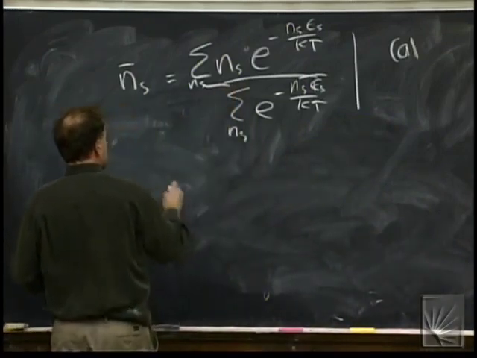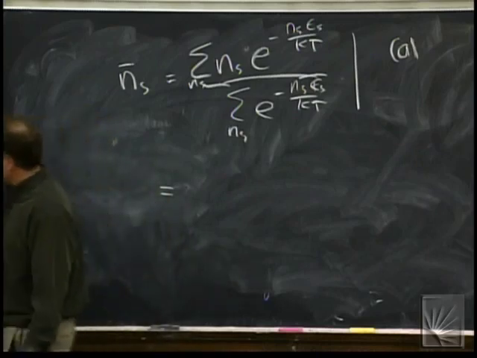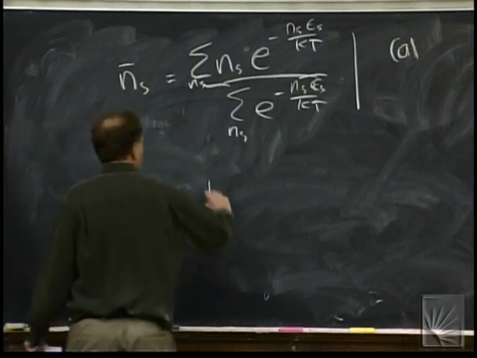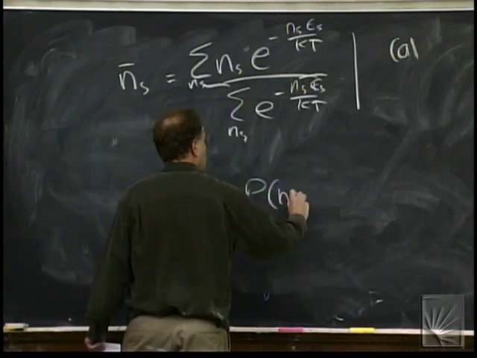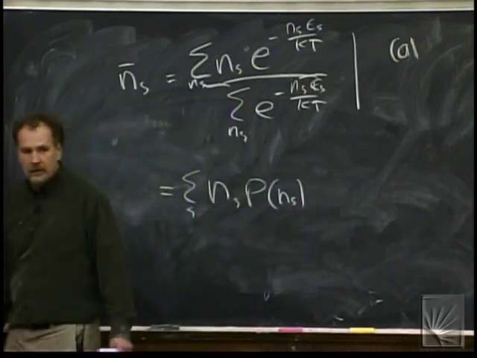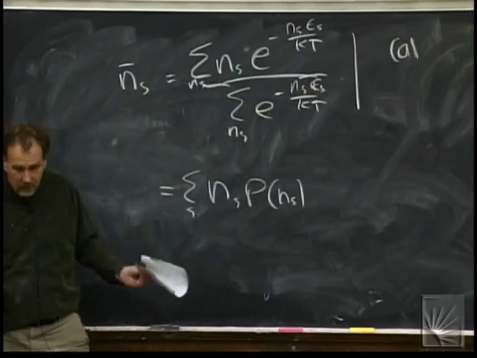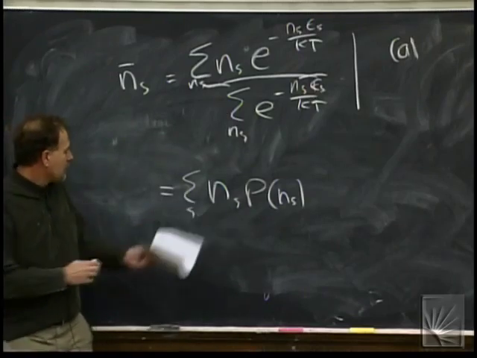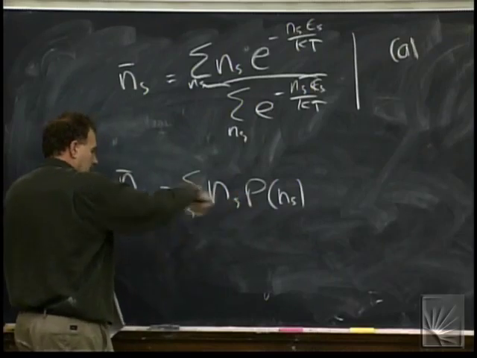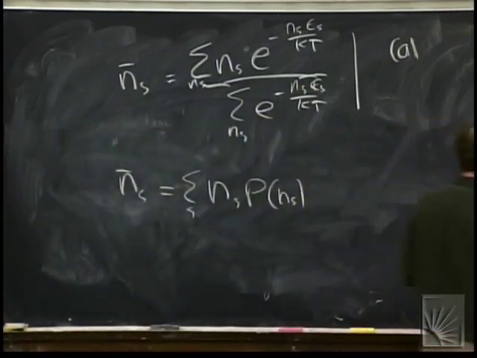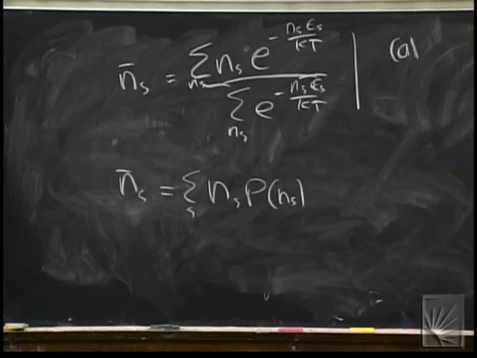Writing this, because the probability is that, this is nothing other than saying, right? That's all I'm doing. Taking the average of something by knowing its probability, taking the thing, summing. All right.